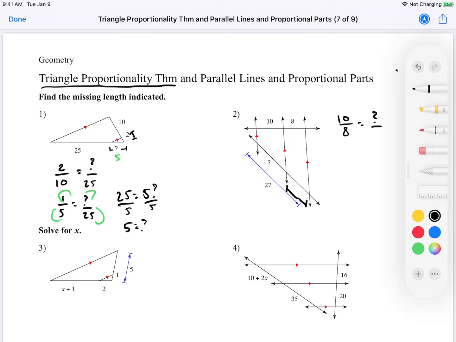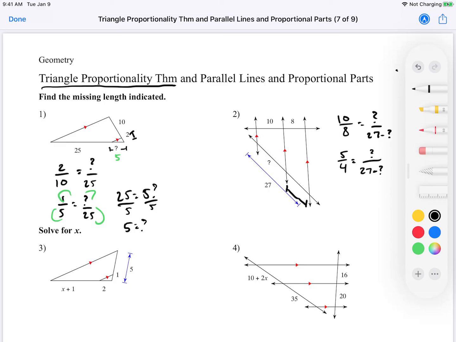This is when it gets a little bit more complicated. It's 27 minus whatever the length of the question mark is. So minus the length of the question mark. All right. Again, we want to simplify first. And so 10 to 8 is the same thing as 5 to 4, which is going to equal question mark over 27 minus question mark.